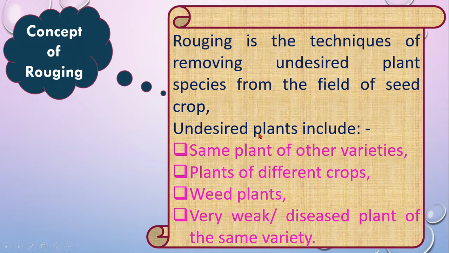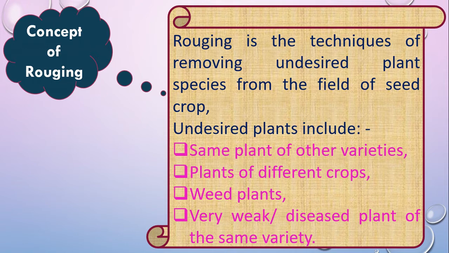That means from the seed crop field, the crop from where we preserve the seed, in that field we have to remove the undesired plants. For example, if we want to do the rice crop field, at that time other crops like wheat, maize, we have to remove from the field.